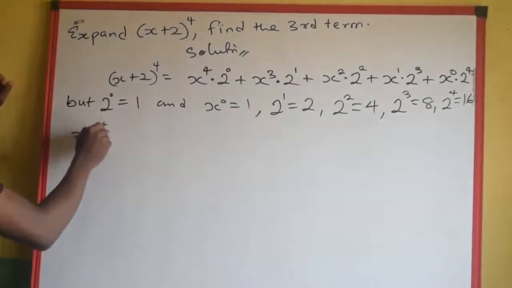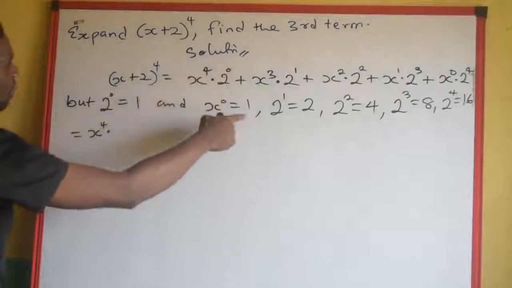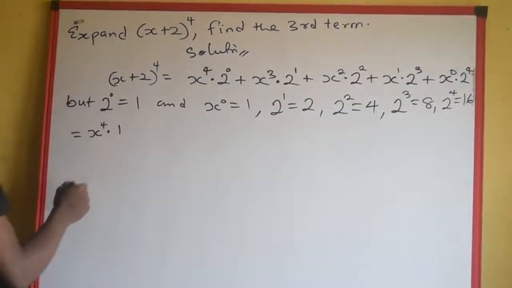Now, since this is the case, we are going to get x raised to the power 4, dot, 2 raised to the power 0, we know that it is 1, so we write down 1.